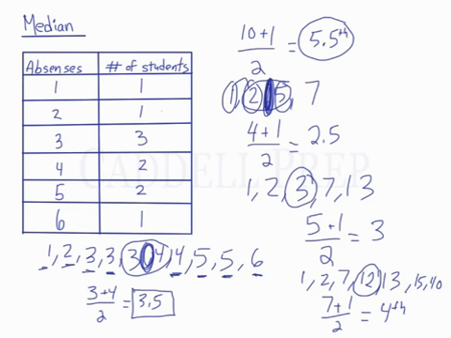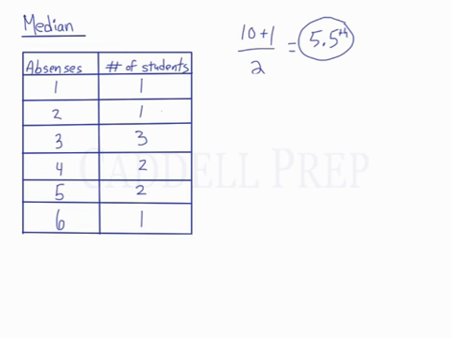So let's erase some of this. And we go back to what we had. There were 10 students. So the median number is going to be the 5.5th number. So without putting this in order, let's see if we can find out what the 5.5th number is going to be. Or what we really need to know is what the 5th number and 6th number is going to be. And the 5.5th is going to be the average of these two, the middle of these.